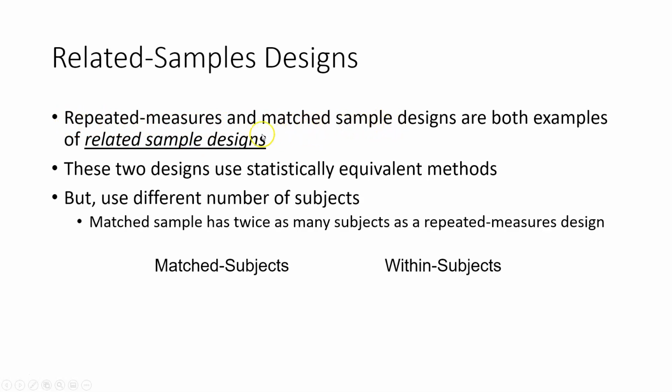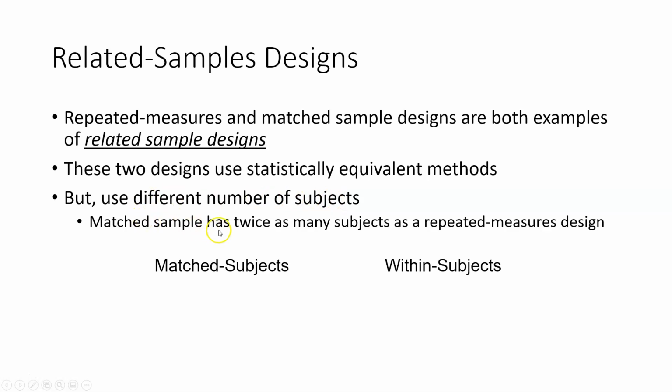And so you can use the same kind of t-test for either of those two types, and we're calling this t-test a related samples t-test. These two designs use statistically equivalent methods. It doesn't matter whether you've used this one or this one. You're going to use the exact same t-test, but we use different numbers of subjects.